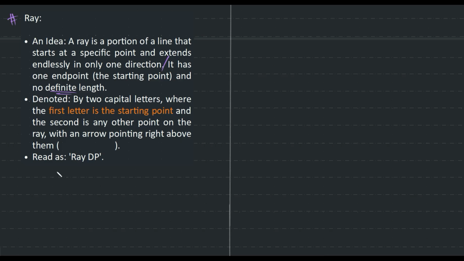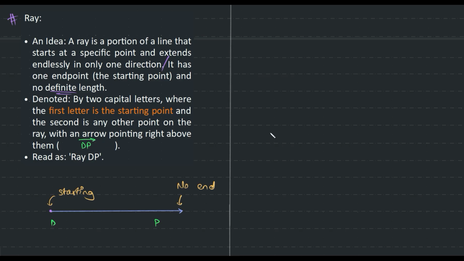So let me actually give an example. So let me do this itself. So this is an example of a ray. So we can see that there is a starting point. There is no end point. So this is, say, D, okay, ray D, and this is P. It's represented as DP.